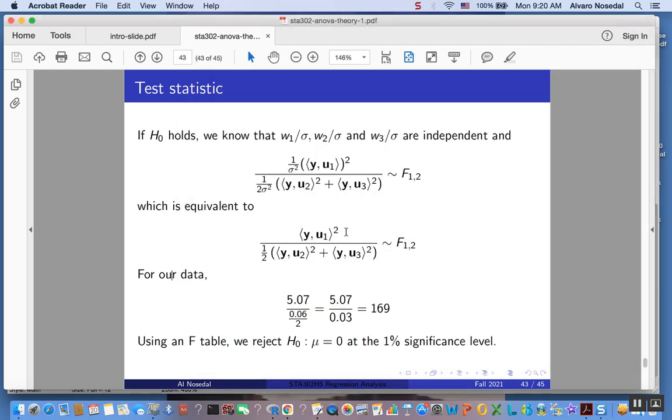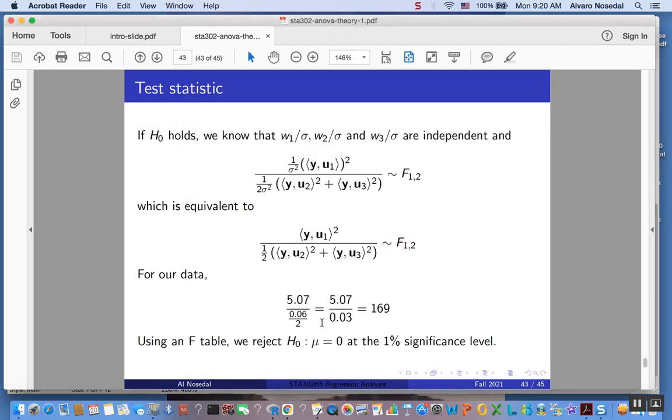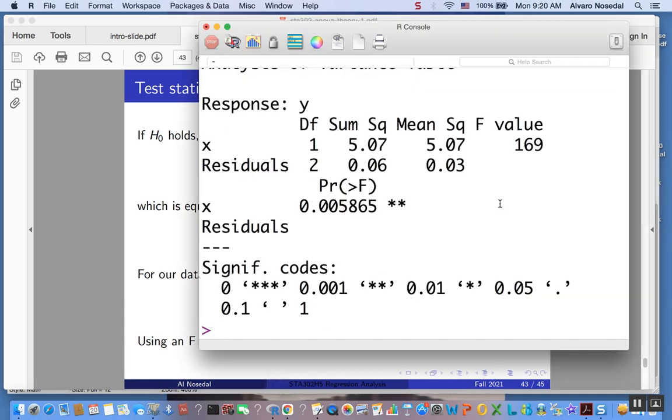That's the numerator. That 0.03 is our denominator. The ratio, 169, sorry, it's here, right? And this is the p-value.